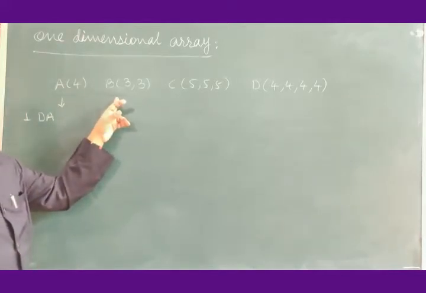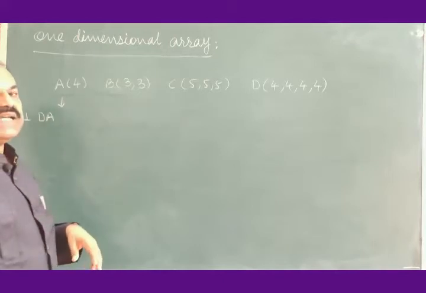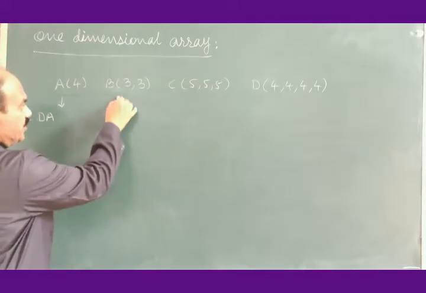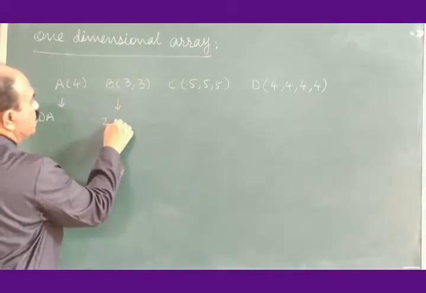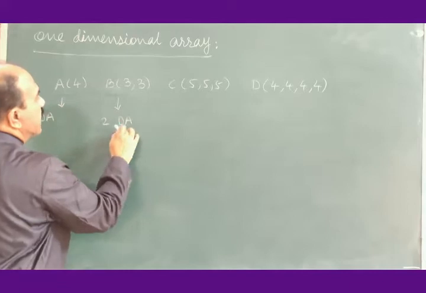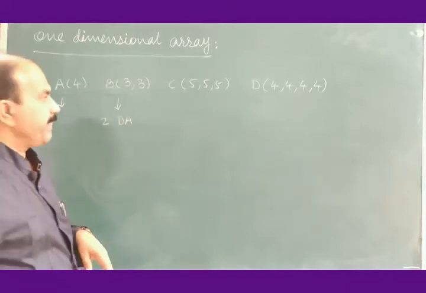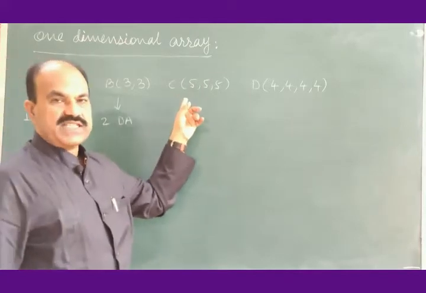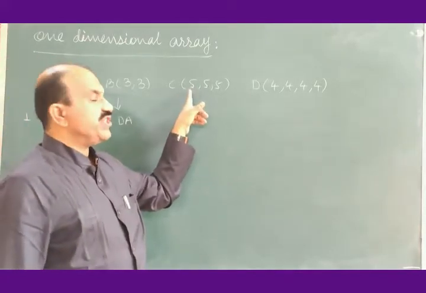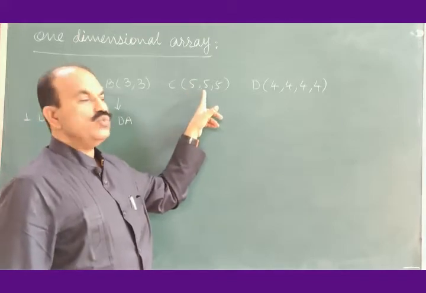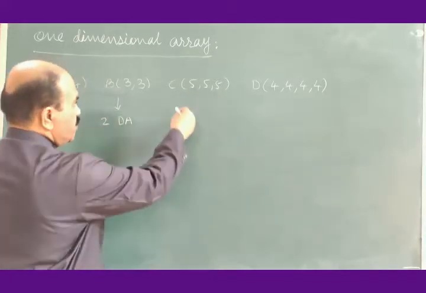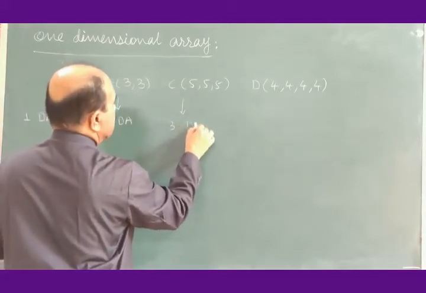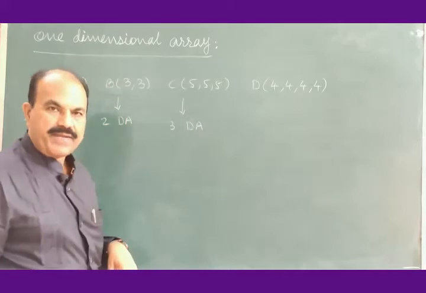This is also a subscripted variable. It has two subscripts, 3, 3. So this is known as a two-dimensional array. Come to this subscripted variable. It has three subscripts, 1, 2, 3, and so you may call this a three-dimensional array.